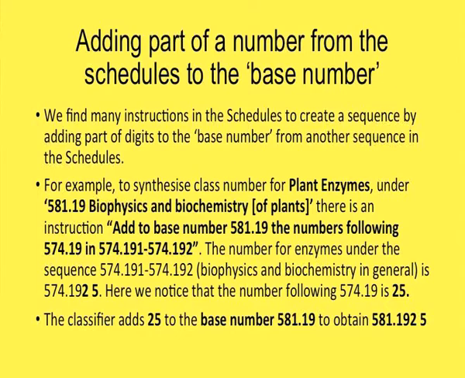number. So, the number for enzymes under this sequence, that is 574.191-192, biophysics and biochemistry in general, that is 574.1925. So, now we have been instructed to add any number from this sequence.